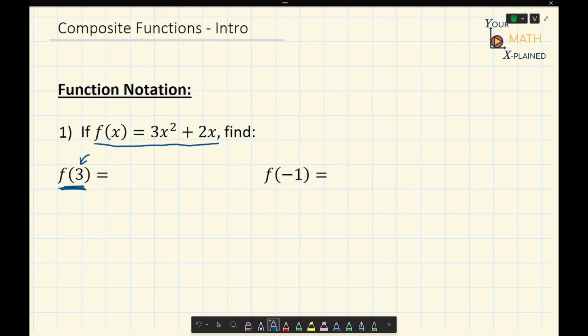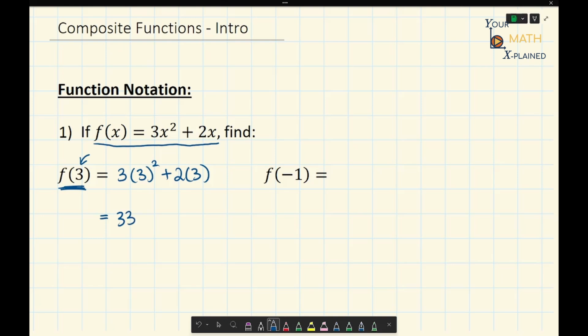So f of 3 is going to be 3 times 3 squared plus 2 times 3. All you've done is put this 3 in place of x. Next, all you need to do is evaluate this, and you're going to end up with 33.